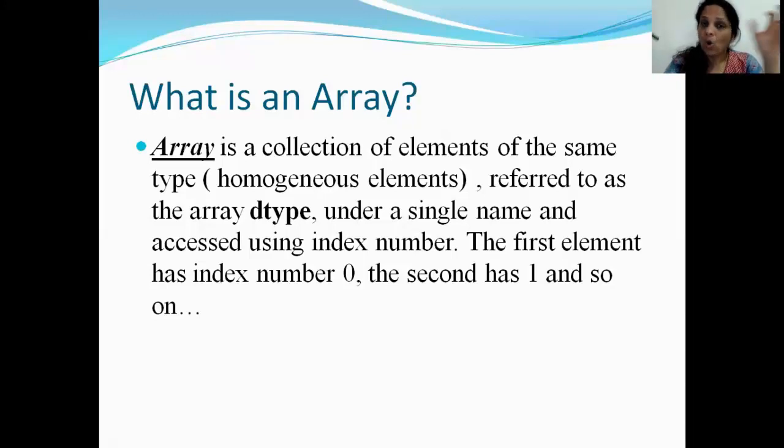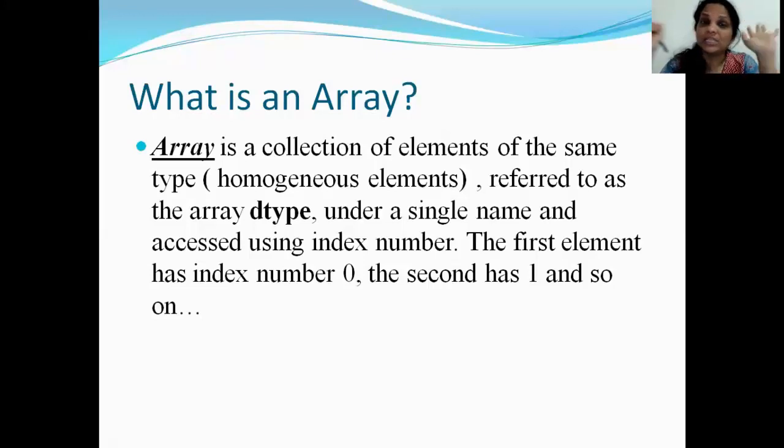And all these elements are stored under a single name. So all these elements that you store in an array will have only one name, the name of the array. Then how do you differentiate between each of those elements? Each of those elements will have an index location, or an index number, associated with it.